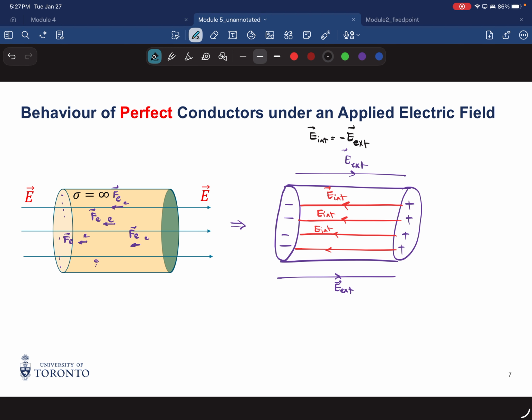Just because if it doesn't, electrons would still keep moving, so the system never stabilizes. The only way for this system to stabilize is if the internal field cancels out the external field completely, so that inside this conductor, E total inside would be 0.